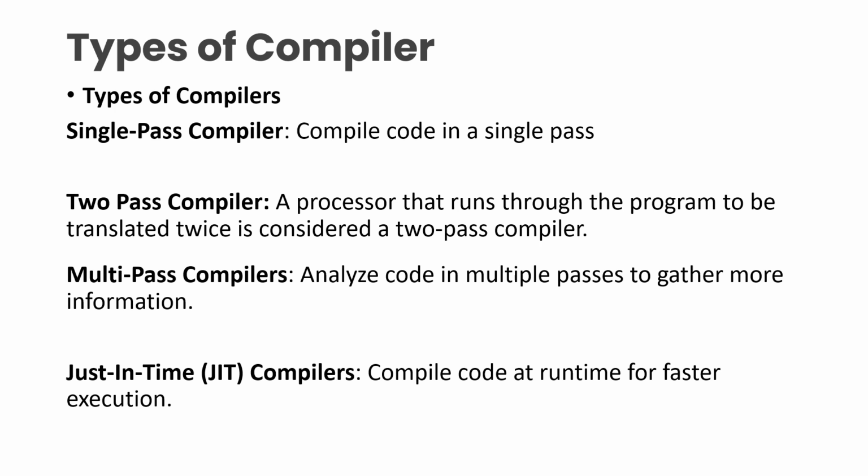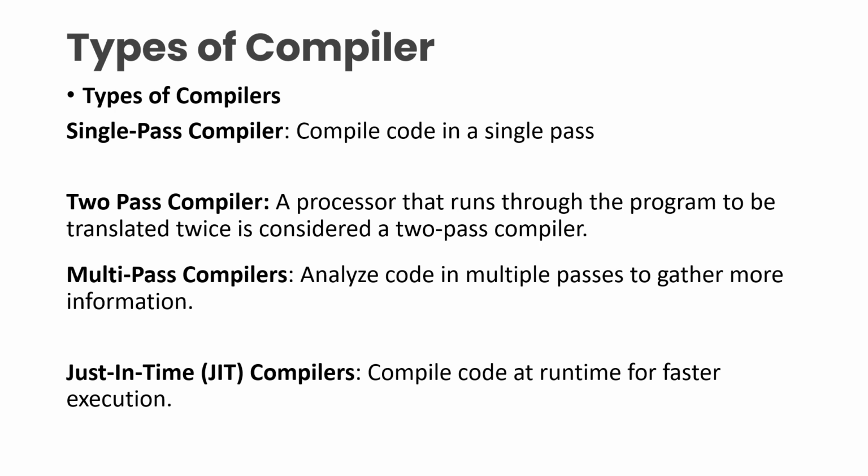Now, what are the types of compiler? There are many types of compilers, but these are the majorly used ones. The first one is a single pass compiler, which means we compile the code in only one single pass. There are many phases in the compilation, and these phases are used only once. That's why its name is single pass compiler.